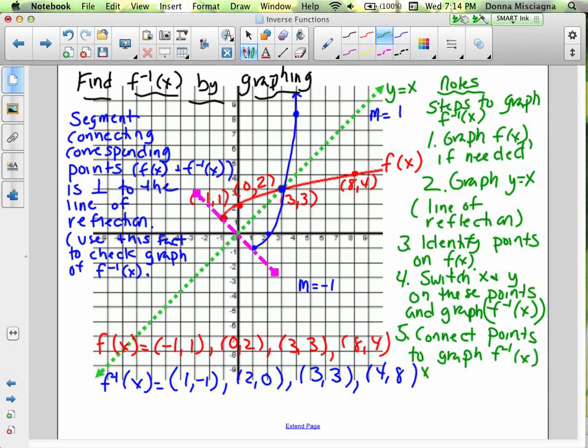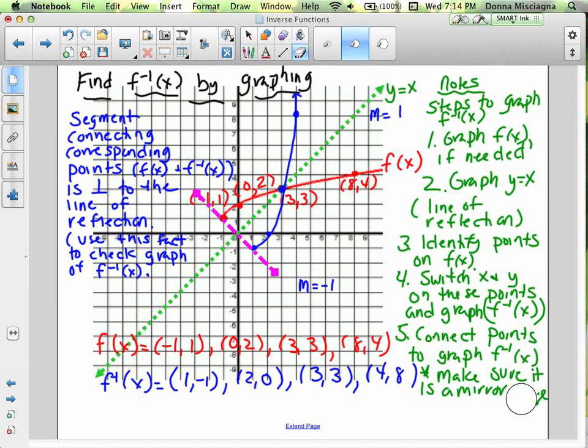And just a little hint, make sure it is a mirror image. Ugh, you're not going to be able to read that. Make sure it is a mirror image.